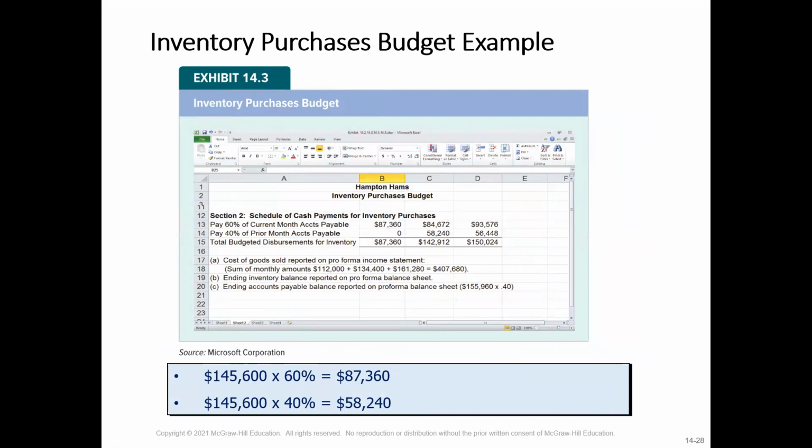So there is a separate schedule then for cash payments of inventory purchases, which for October, of course, column B would be October, column C would be November, column D is December. That's where we could have had a freeze top rows situation.